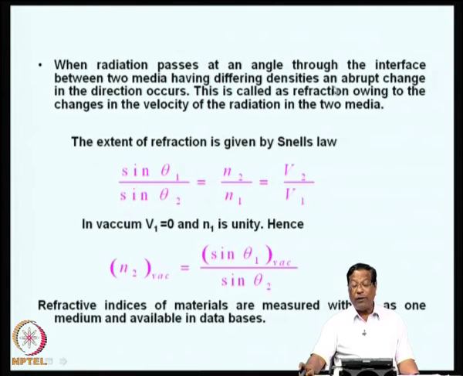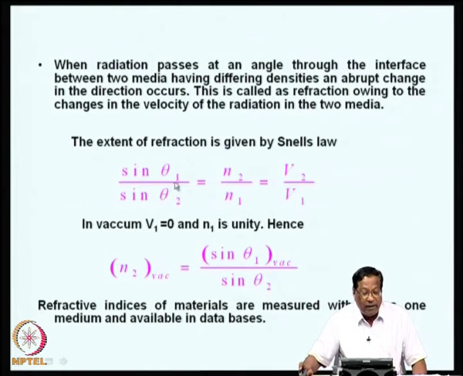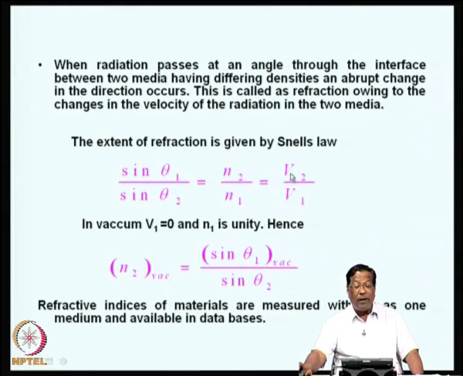So, the velocity of the radiation changes in the media. The extent of refraction is given by Snell's law, that is sin theta 1 divided by sin theta 2 is equal to n2 by n1, that is also the ratio of the velocity of the radiation in the two media, that is V2 by V1.